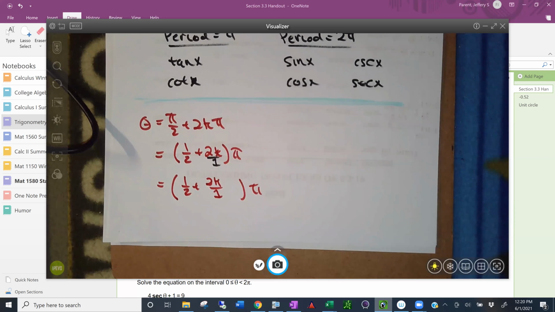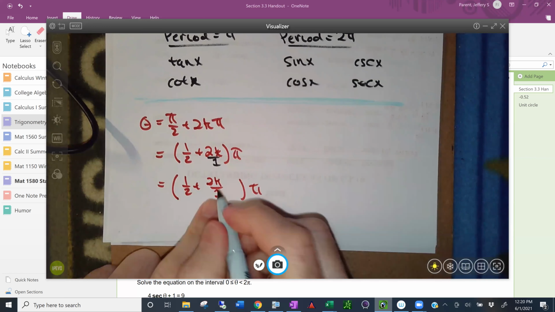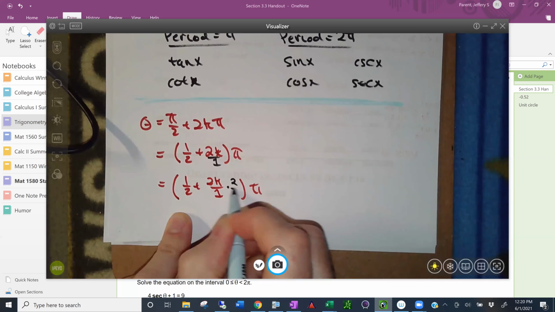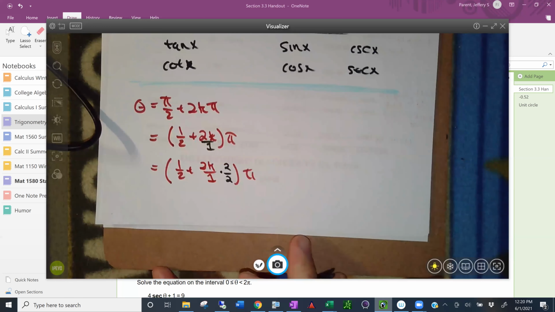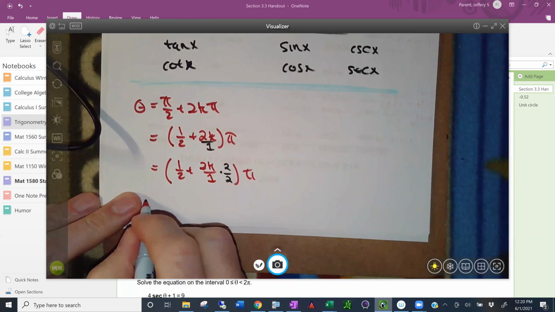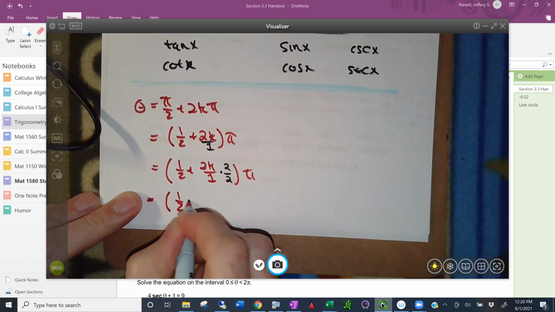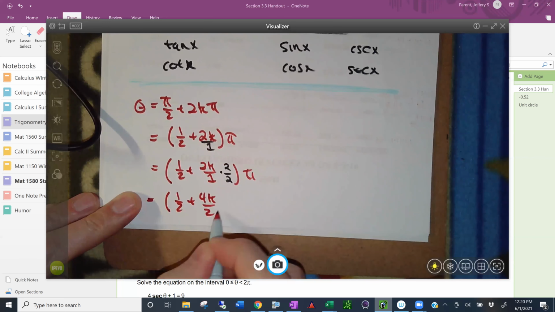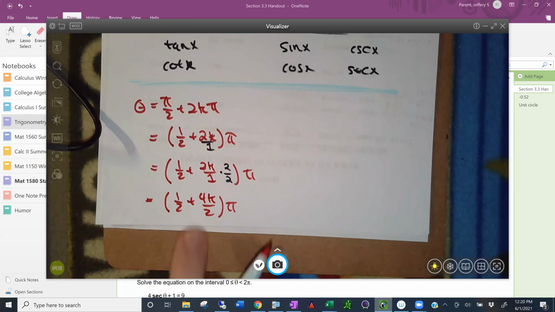Just 2, right? Yes. So we can get a common denominator if I multiply this by 2 over 2. Now, what does that give me in the numerator? 4k over 2, and you've got that common denominator of 2. That's what I wanted.